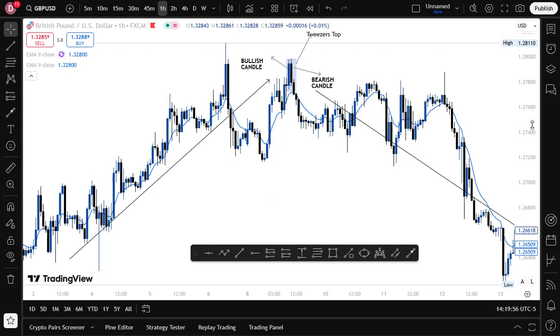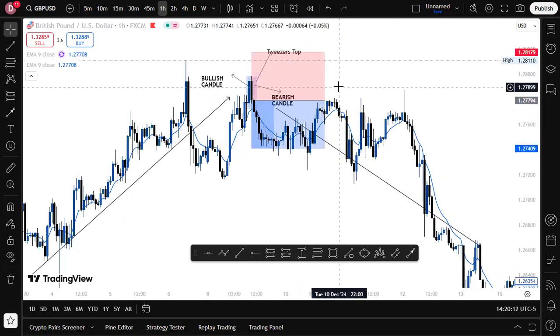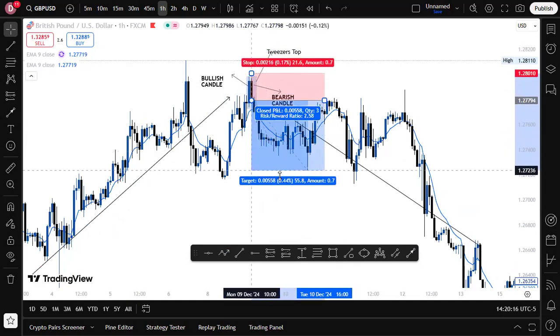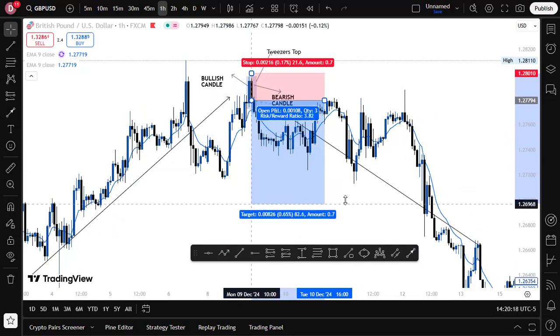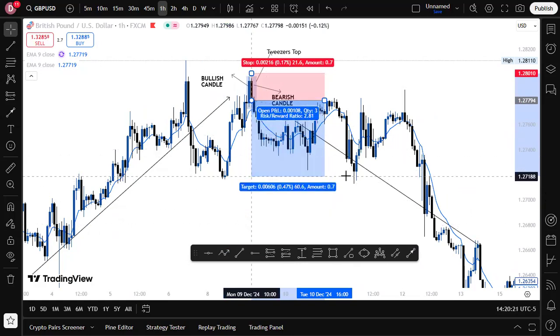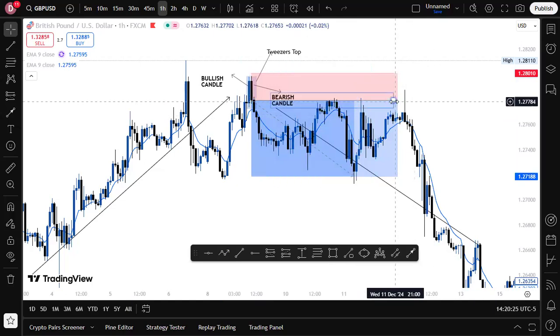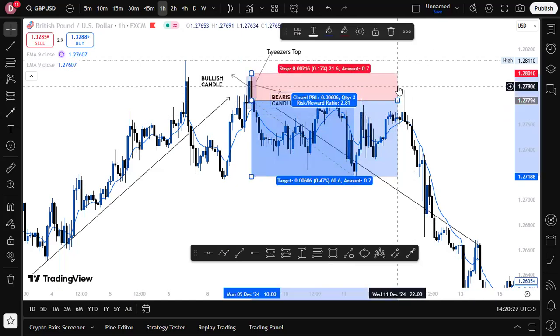And the moment that occurred, you can see the price started pulling down. So if we were trading just candlesticks, you could enter a sell at this point, put your stop loss a bit above here, and you would already have made some quick bucks here. So this is just an example of a tweezer top and how it occurs in the market.